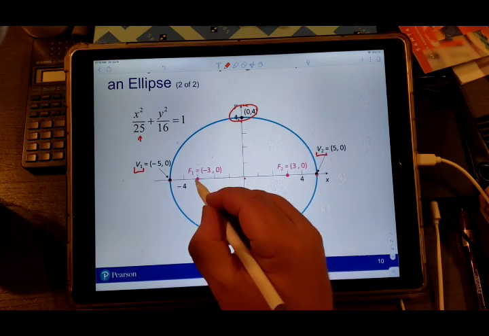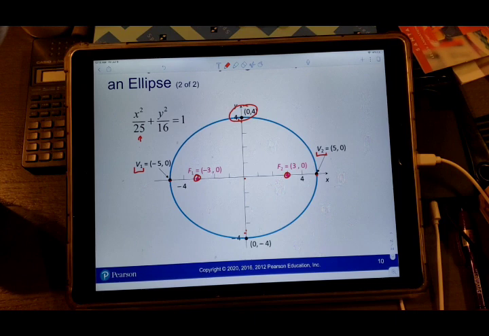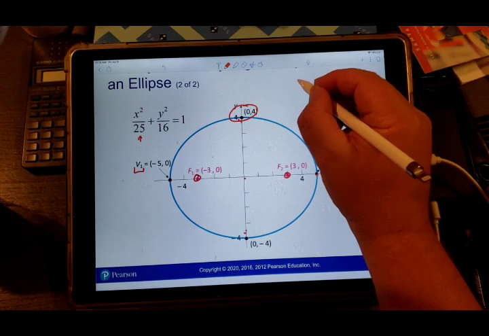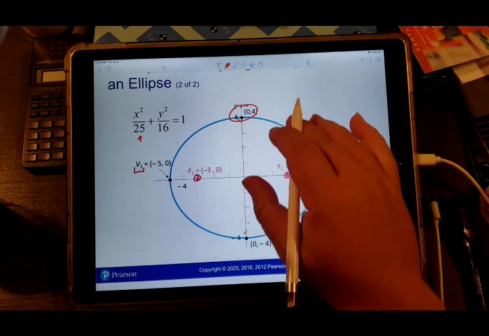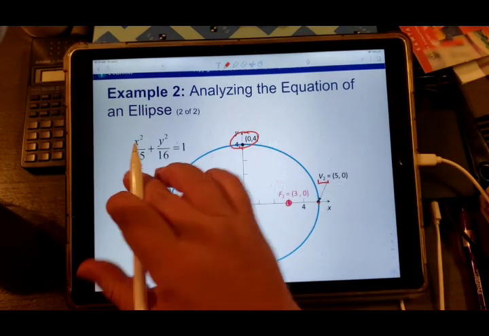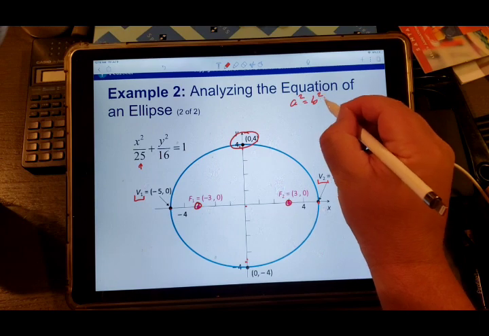Now, how do I find the foci? Well, let me write down the formula. However you write it down, we know that it's A squared equals B squared plus C squared.